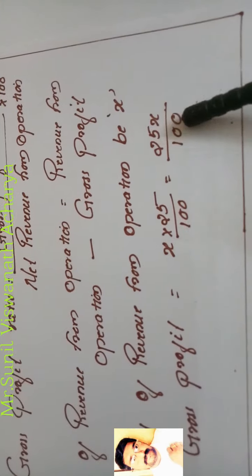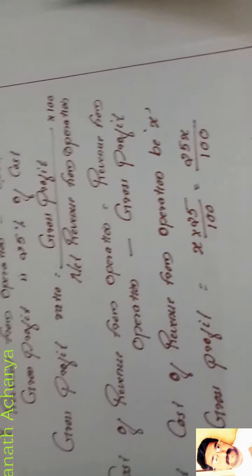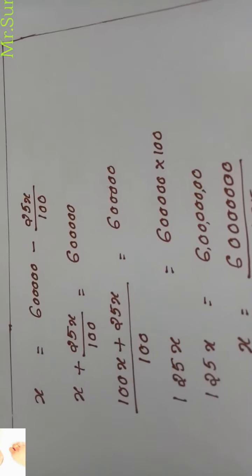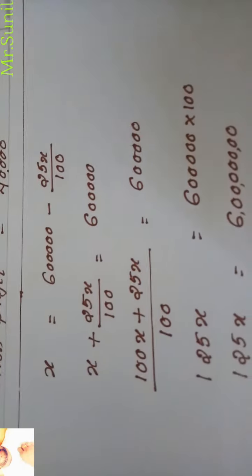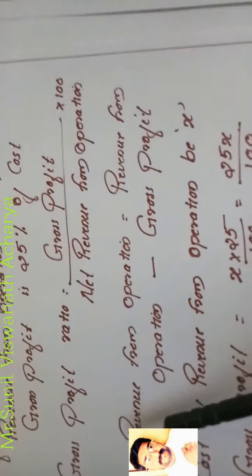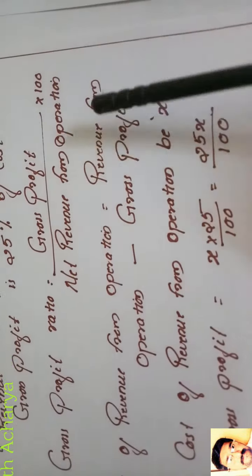Now, cost of revenue from operation is equal to revenue from operation minus gross profit.